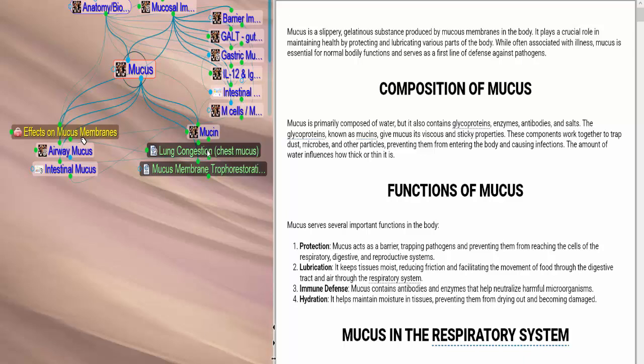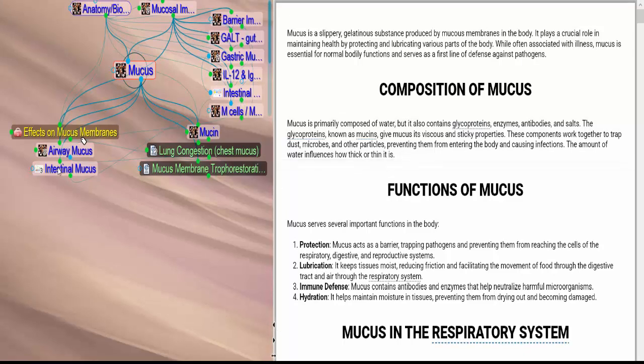Immune defense. It contains antibodies and enzymes that help neutralize harmful microorganisms. Hydration. It helps maintain moisture in tissues, preventing them from drying out and becoming damaged.